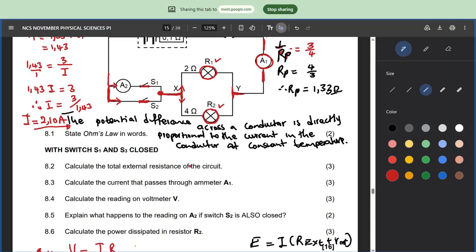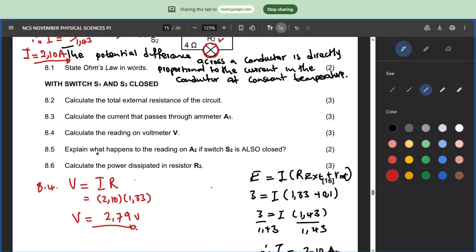Okay, so they said, explain what happens. So this means that we're going to say the current is decreased, is decreasing, or you can say it's reduced.